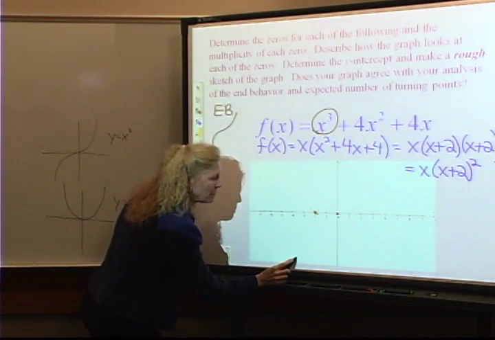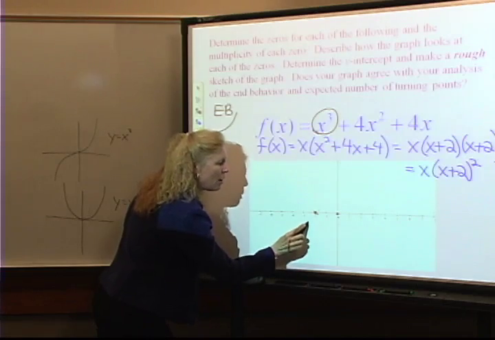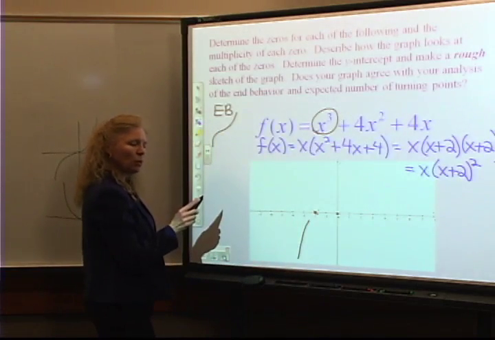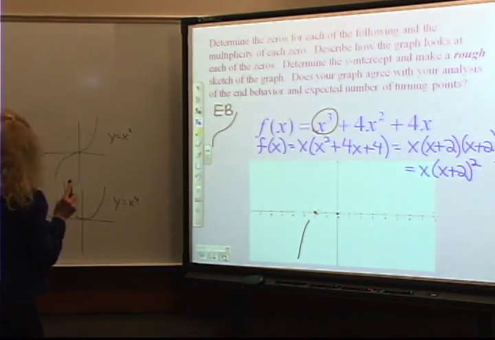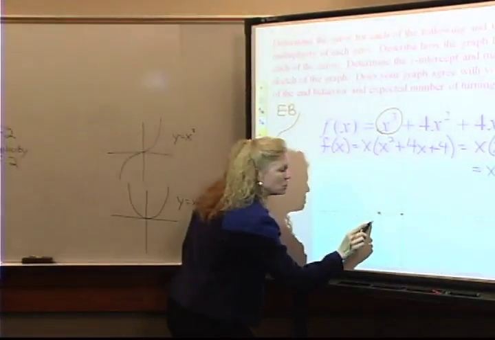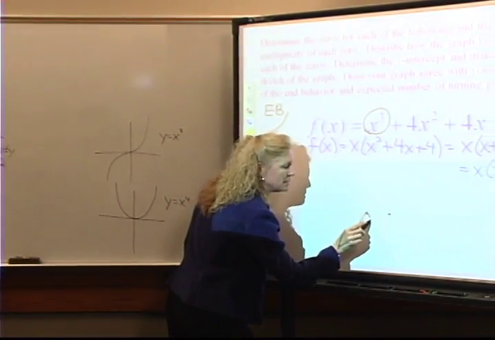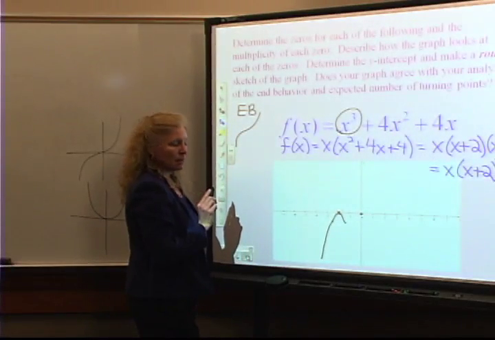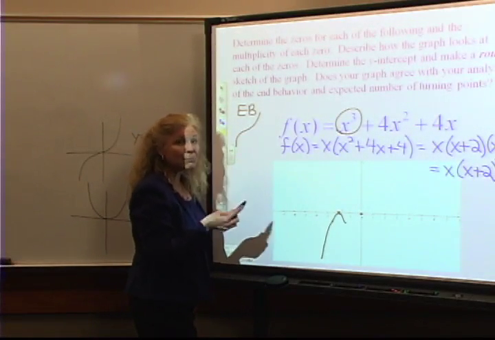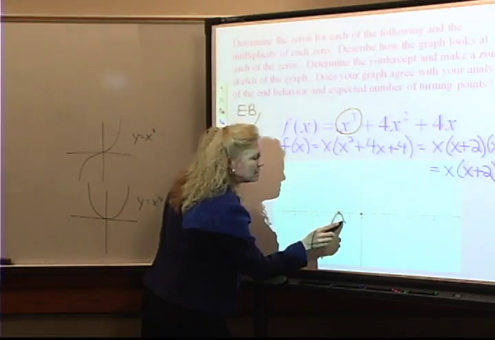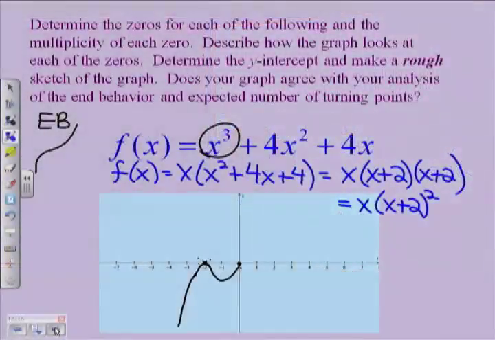It means that I'm coming from below. Now, at negative 2, that's the multiplicity of 2, so I have to bounce. So it comes up and bounces. I don't know how far down it bounces, but that doesn't matter. I know it bounces below, and then I have to turn and go up.